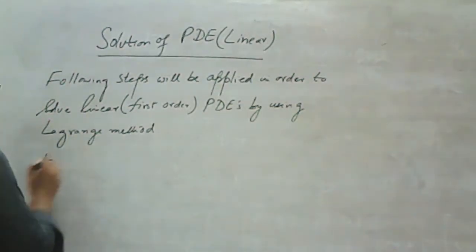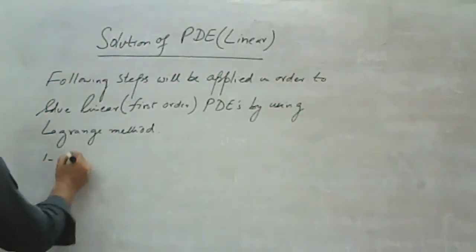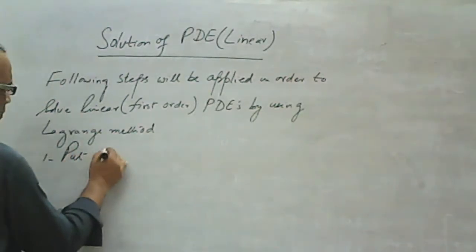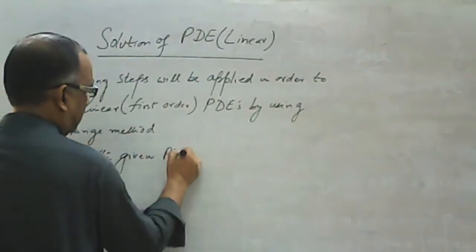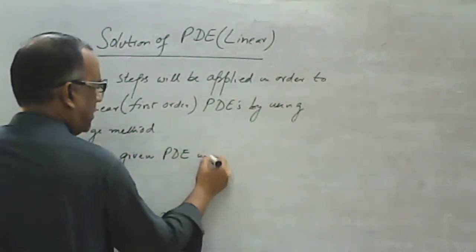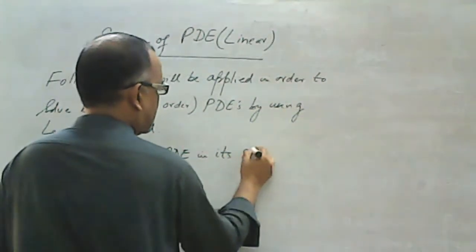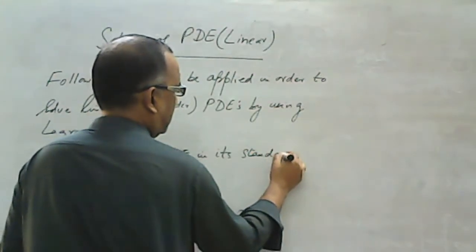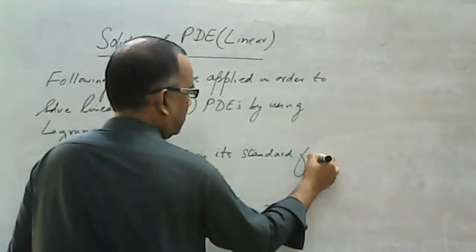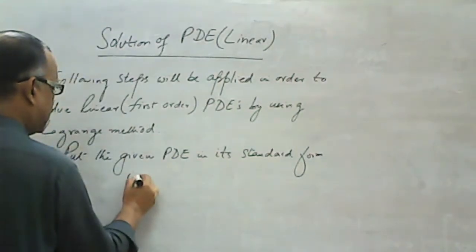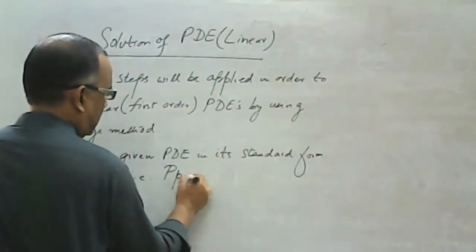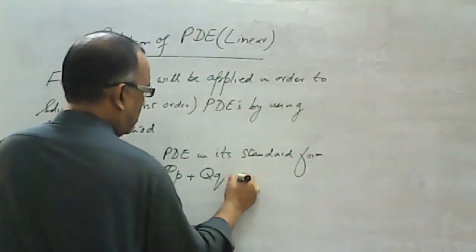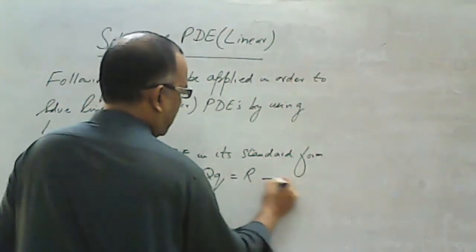Number one, put the given PDE in its standard form, that is Pp plus Qq equal to R.